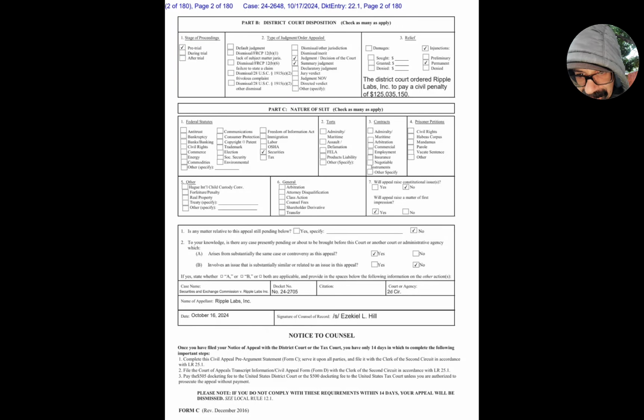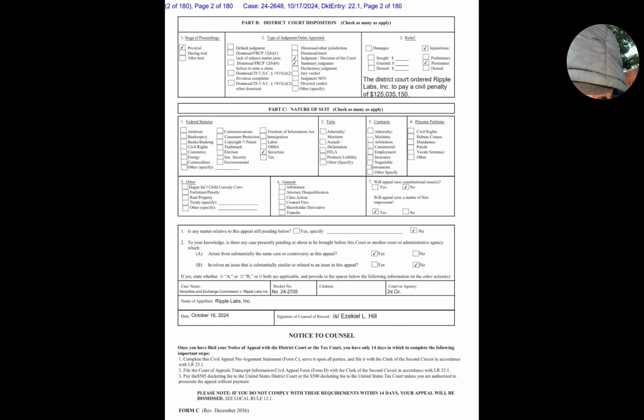Is any matter relative to this appeal still pending below? No. To your knowledge, is there any case presently pending or about to be brought before this court or another court or administrative agency which arises from substantially the same case or controversy as this appeal? Yes. Involves an issue that is substantially similar or related to an issue in this appeal? No. So, name of appellant, Ripple Labs, signature, and so on.